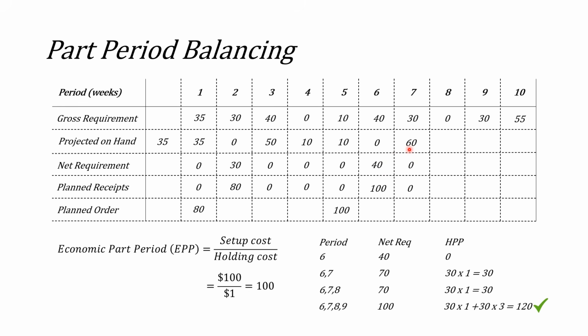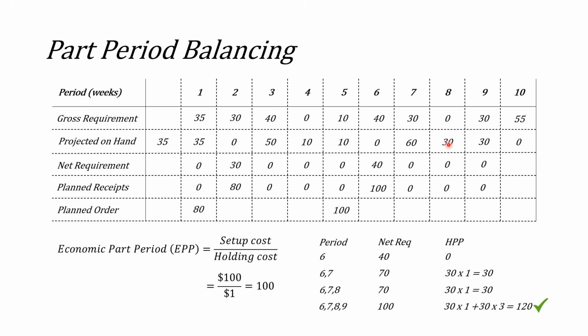The remaining 30 as my inventory gets carried forward to the next period. And since I have a gross requirement of 0, I don't need to receive anything. The remaining 30 units get carried forward to the next month, and then, since my gross requirement is equal to what I have on hand, I don't need to receive, plan, or order anything.